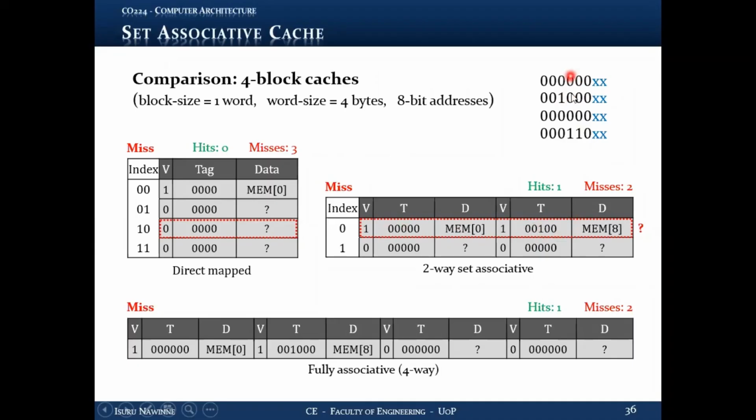Those are the two tags from the two previous accesses, and the least recently used one is this, right? If we can ideally track the least recently used one, that is this 00100, block address 8, and that is the one that we will replace, assuming our cache controller can do the least recently used replacement policy.